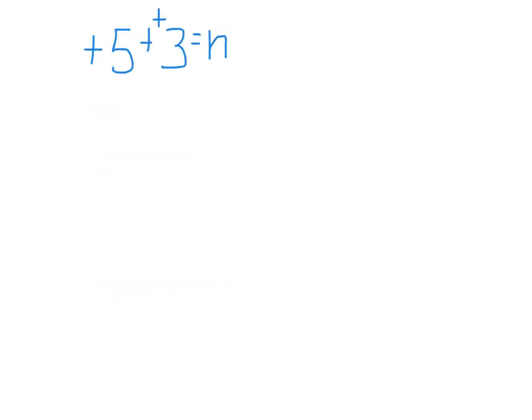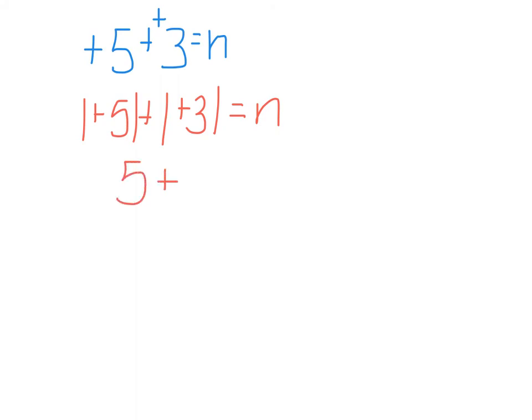So here's another example where the integers have like signs. We're just going to do the absolute value of each one. So the absolute value of positive 5 plus the absolute value of positive 3 equals n. The absolute value of positive 5 is 5, plus the absolute value of positive 3 is 3. 5 plus 3 equals 8.